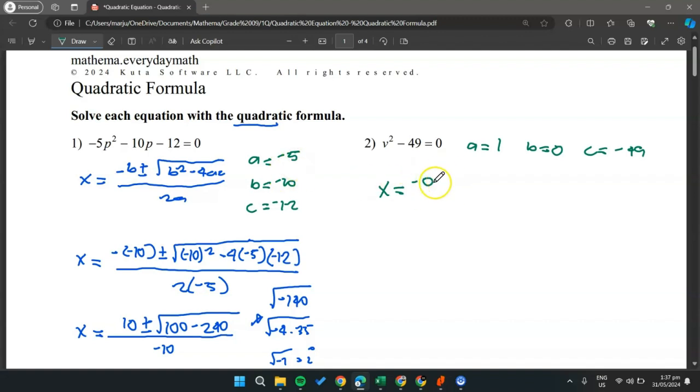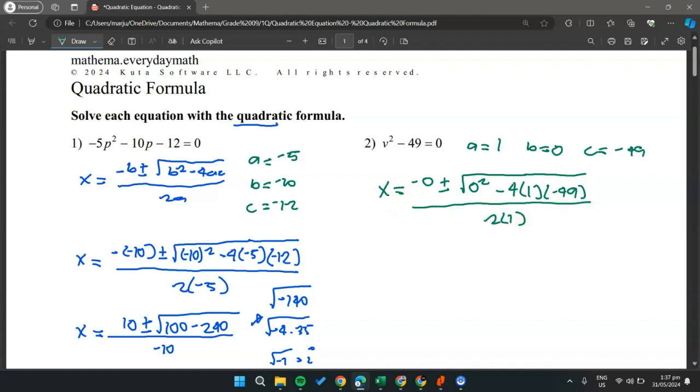But again, we will just write that, plus minus the square root of 0 squared minus 4 times a, which is 1, times c, which is negative 49, and then all over 2a, which is just 2 times 1.